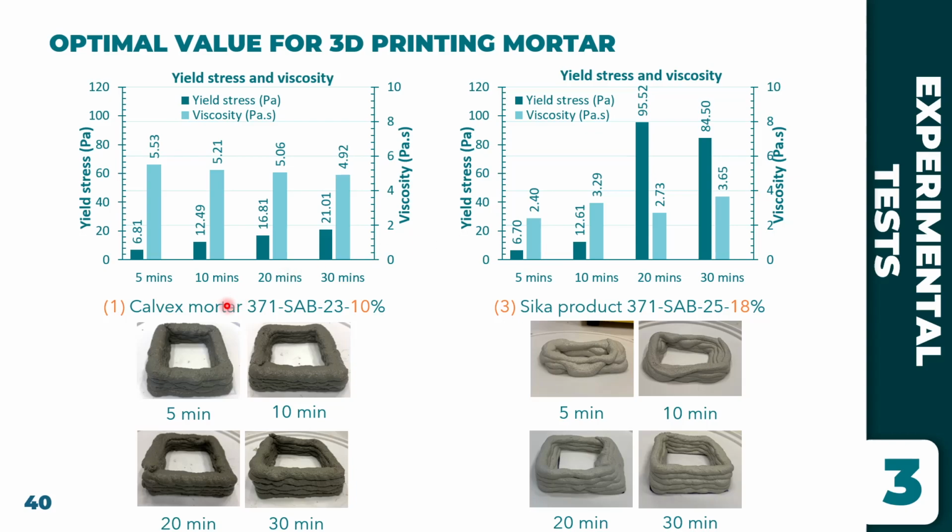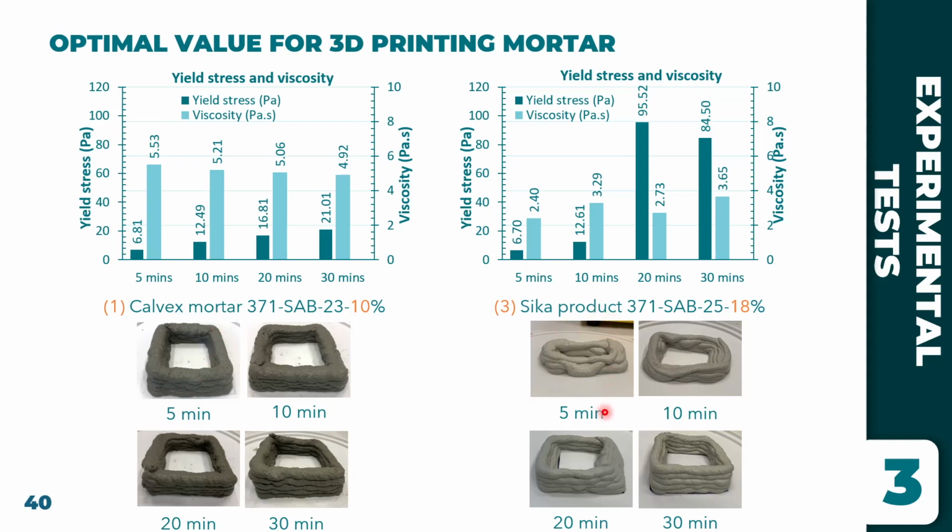So here, in Caloric mortar, I think the good buildability of this mixture comes from the viscosity. It can overlay 5 layers easily, with a very great surface. The surface is very smooth, so that's good.